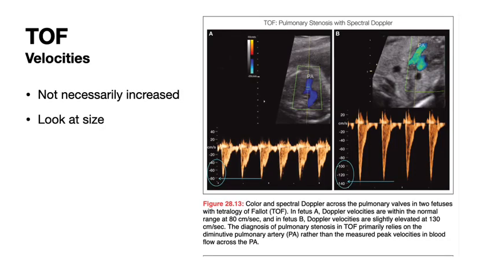All right. Well, velocities for the most part aren't necessarily increased. Probably it's more important to look at the size. So yeah, you're looking at pulmonary artery size and aortic size.